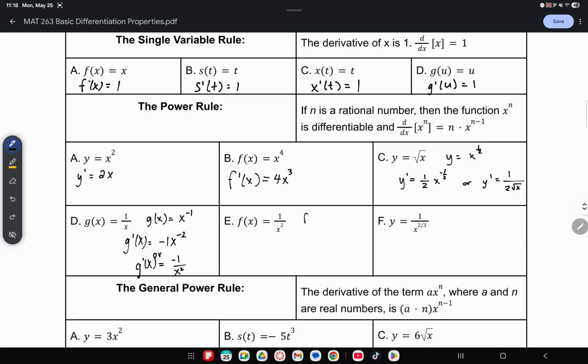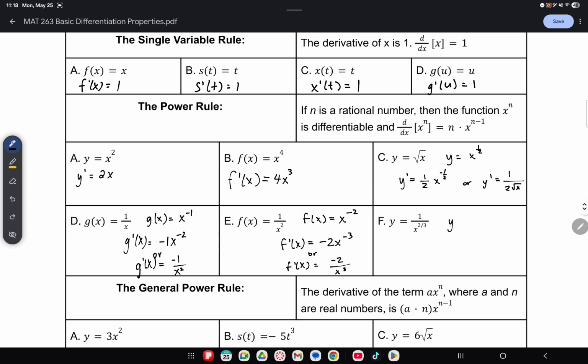Very similarly, we can take this and make that x to the negative 2 to apply the power rule and make that negative 2x to the negative 3, or bring that back to positive exponents and make that negative 2 over x cubed.